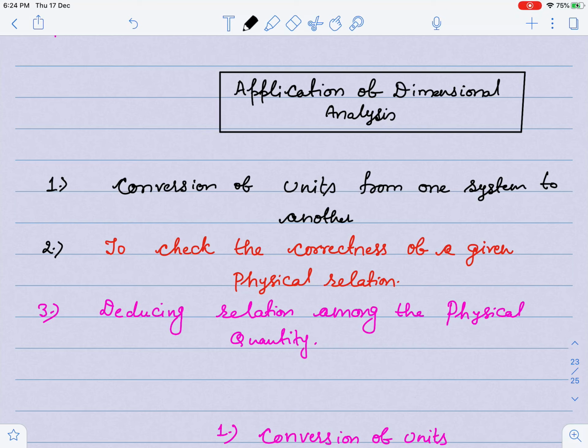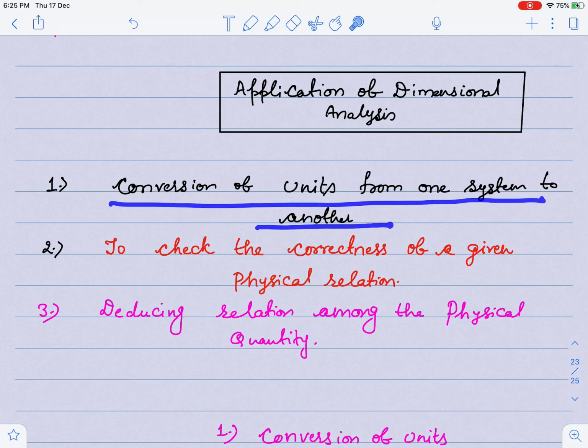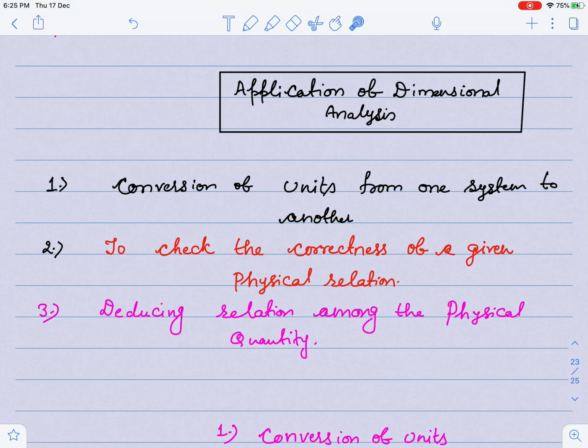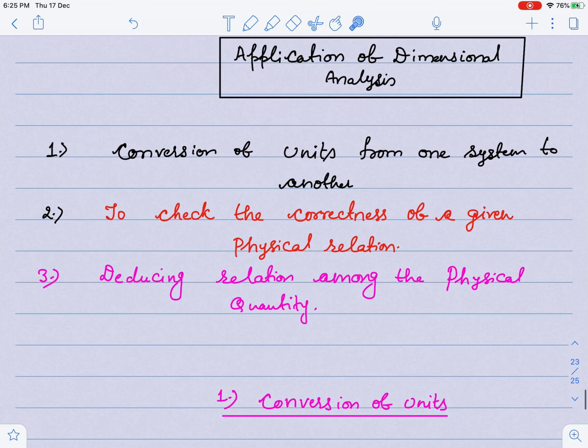Okay, so the first application is conversion of units from one system to another system. I can convert one system of units to another system of units. What this means, I'll tell you after these 3 points. The next application is to check dimensional correctness, like whether a given physical relation is correct or not.